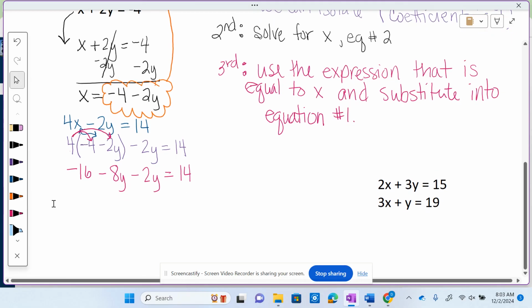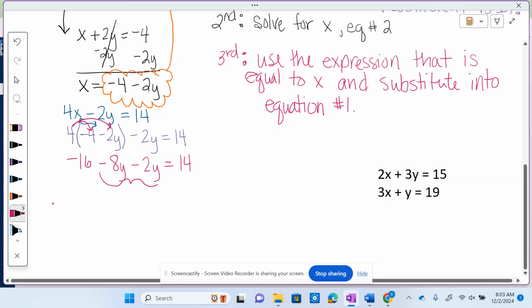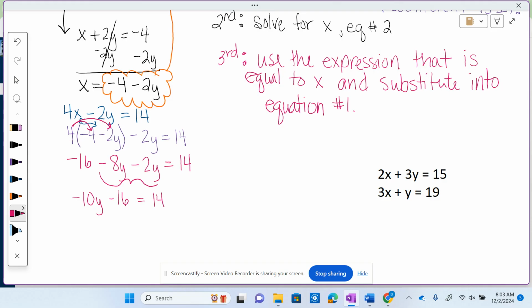How are we going to do that? Combine like terms. I agree. So that negative 8y and that negative 2y both become a negative 10y. Good job. Negative 10y minus 16 equals 14. What do you want to do next? Owen? 16. Sure, we're going to add the 16 to both sides.